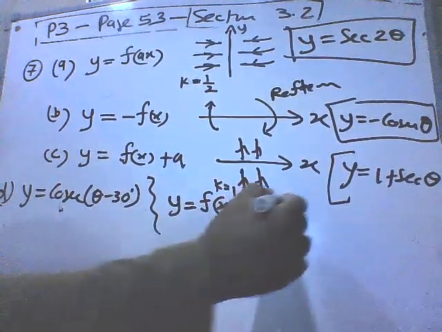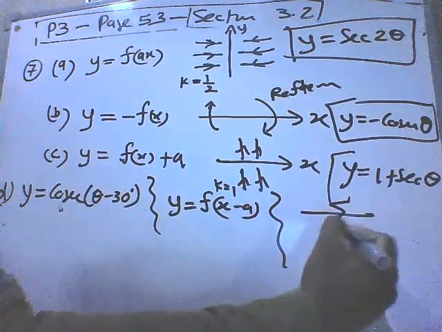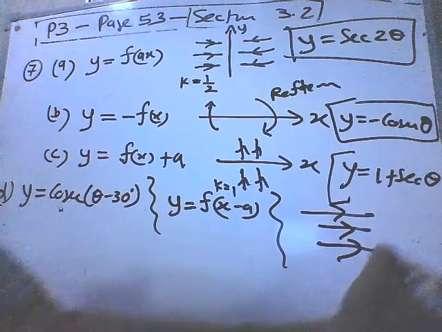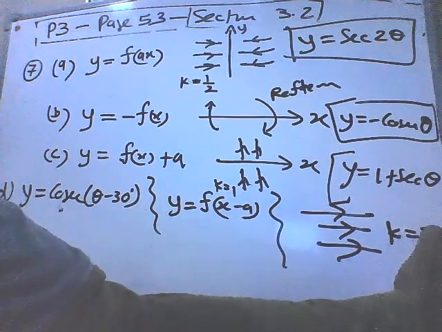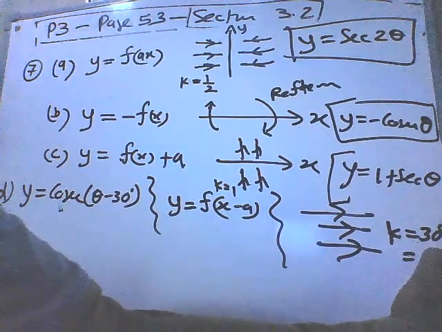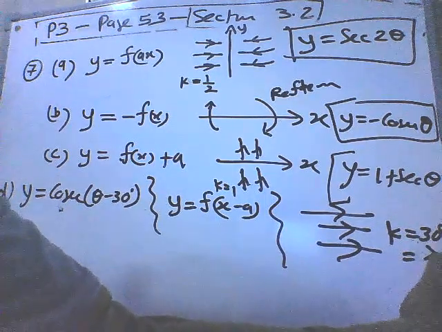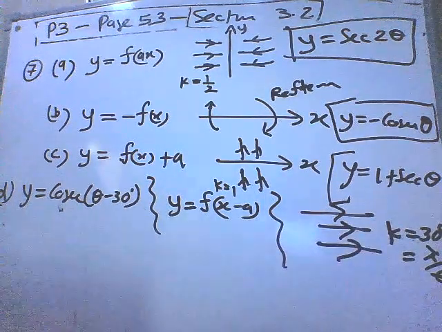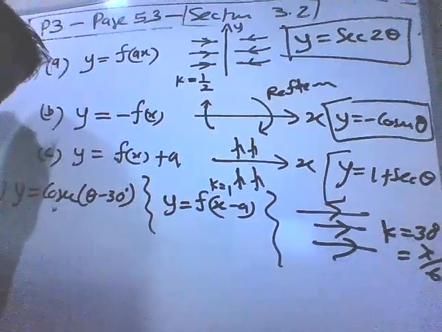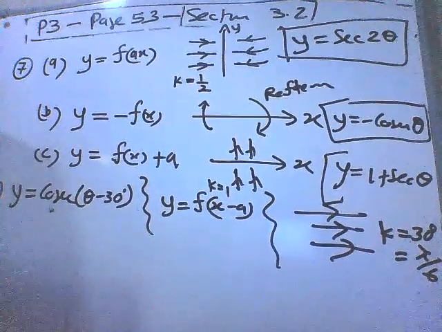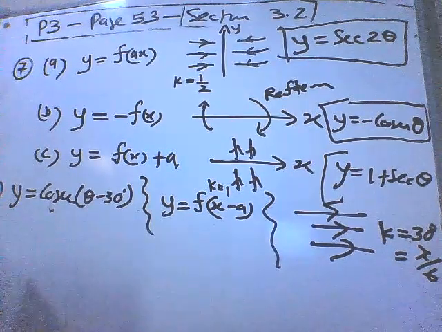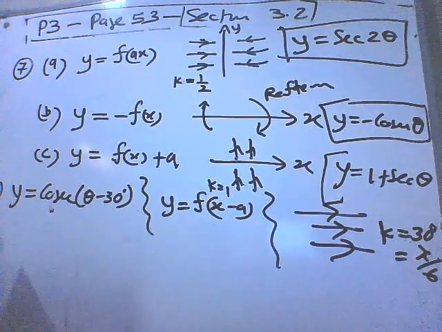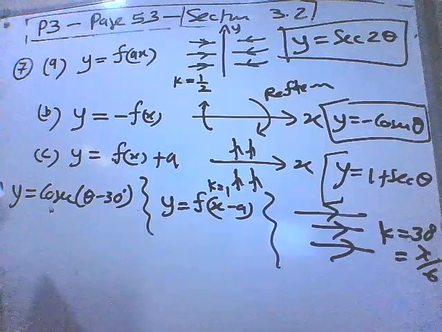So it should shift to the right side by k equal 30 degrees, or k equal pi over 6. So that is D. I don't have space for D, so E also I will do.